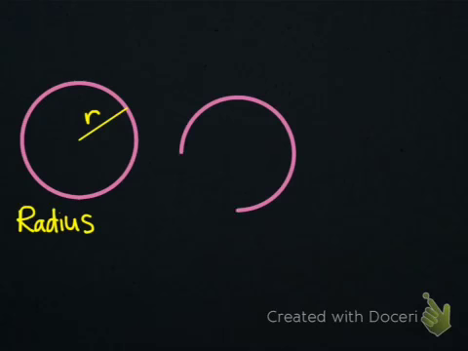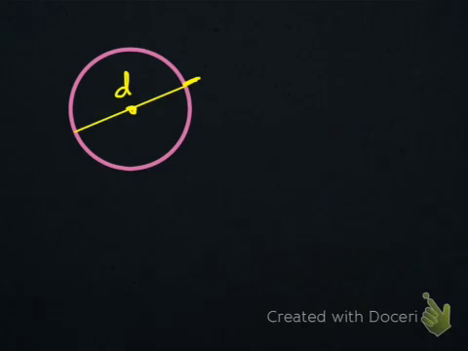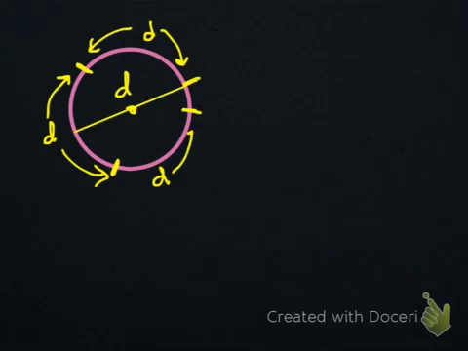This is the radius of a circle, this is a chord of a circle, and this is the diameter of a circle. If we take the diameter and wrap it around a circle, it will wrap around approximately 3.14 times.